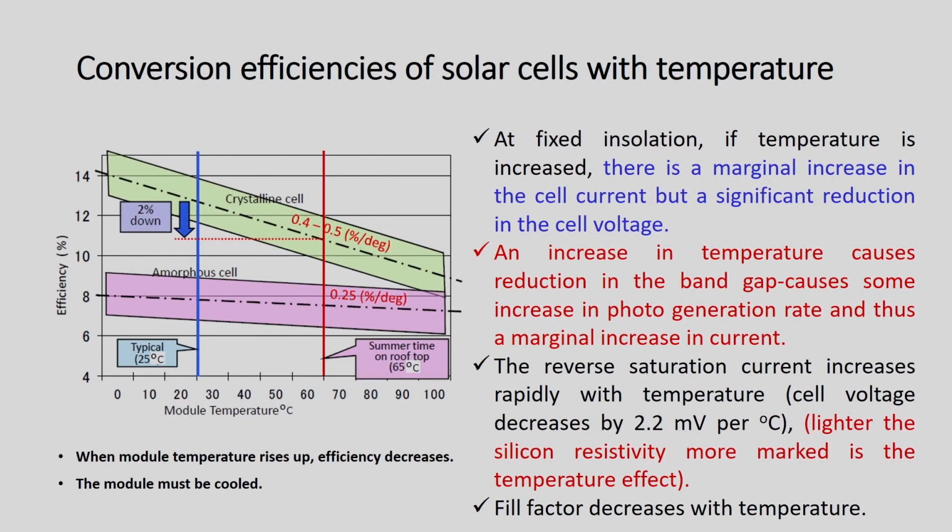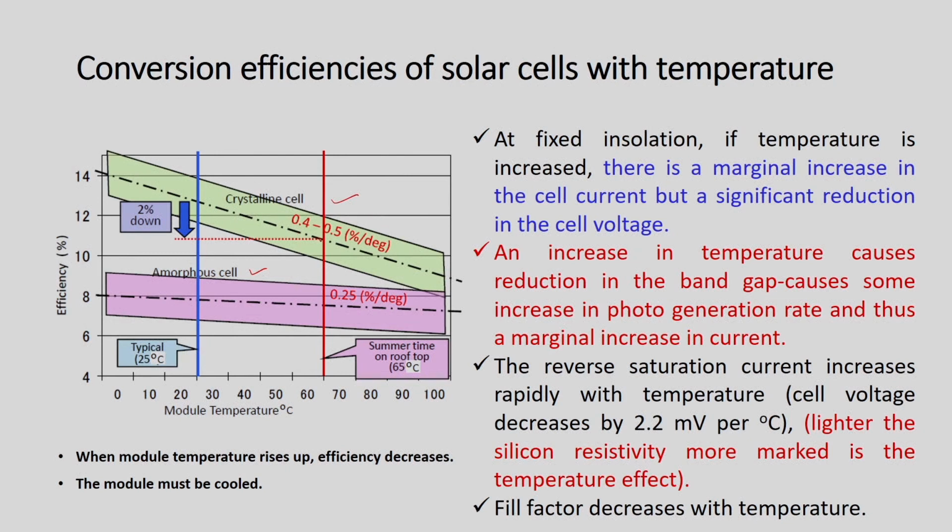Now let us learn how the efficiency of a solar module is related with temperature. As temperature increases, in both amorphous and crystalline cells, efficiency decreases. This decrease is more significant in crystalline solar cells.